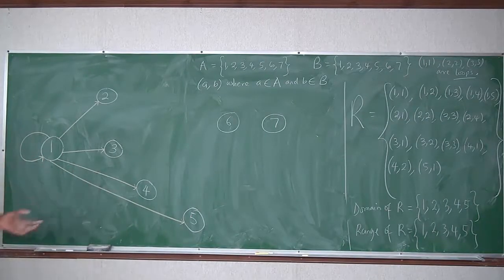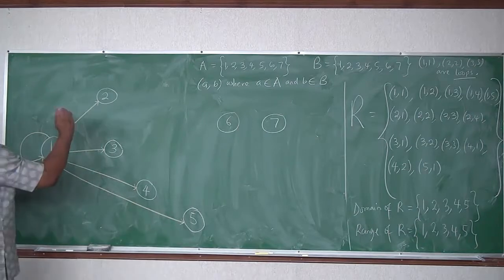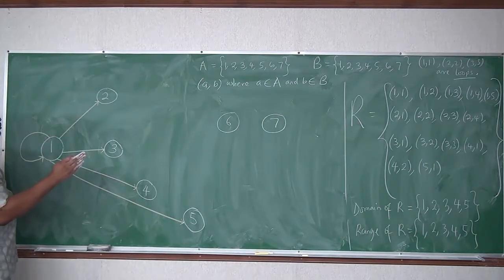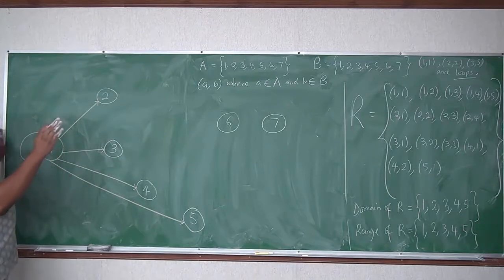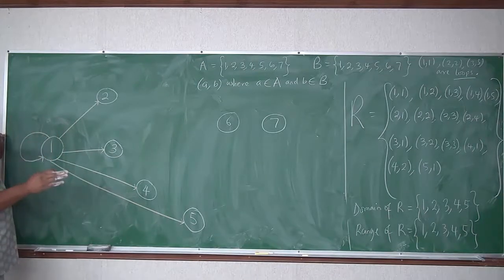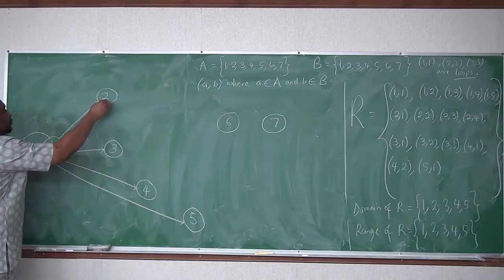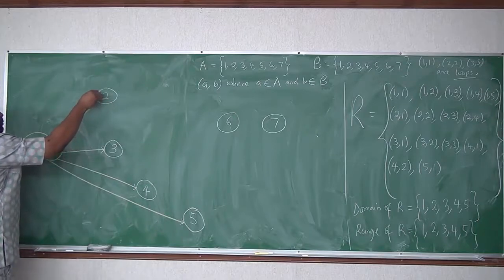It's called edges or arcs. Alright, I finished with 1. Now 2 to 1. So 2 is the initial vertex, and then 1 is the terminal vertex. 2, 1 means 2 is the initial vertex of the edge, and 1 is the terminal vertex of the edge. So 2 relates to 1, starts from 2 and goes to 1. Let me put it like this.